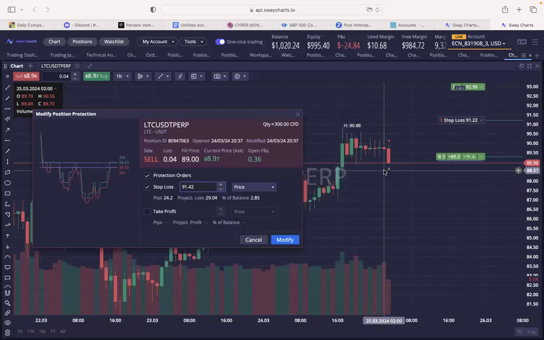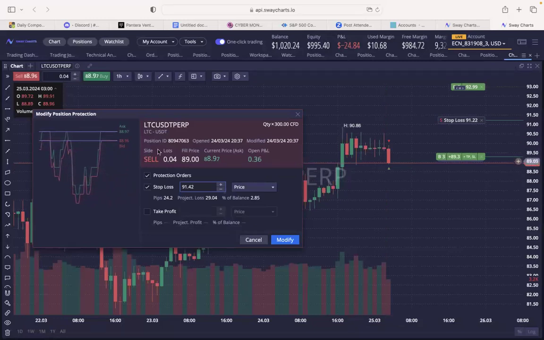I'm not really bearish, but based on the order I placed, that's a bearish trade. So it says sell. I'm selling a lot size of 0.04. My fill price is $89 flat. Currently, it's at 89.05. Hence, my P&L is negative, right?